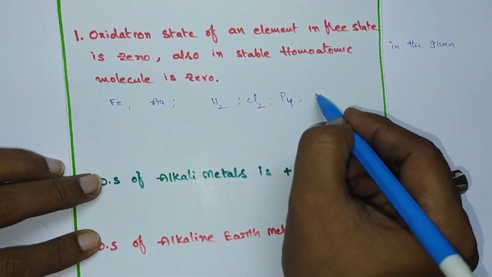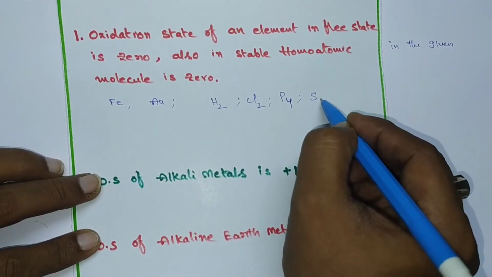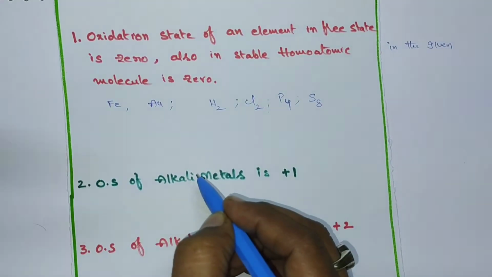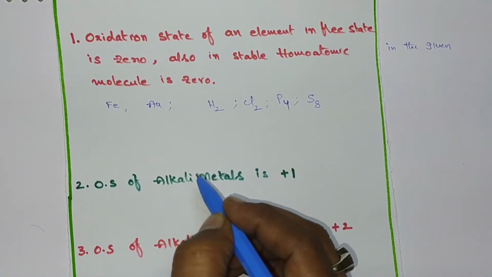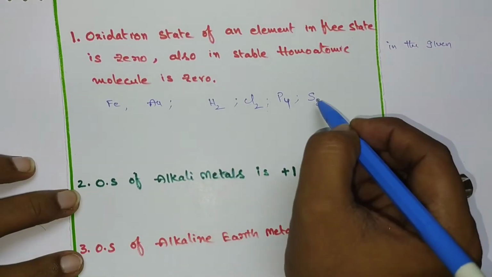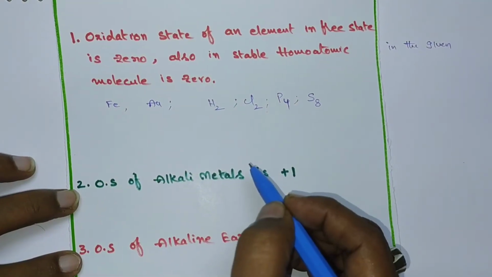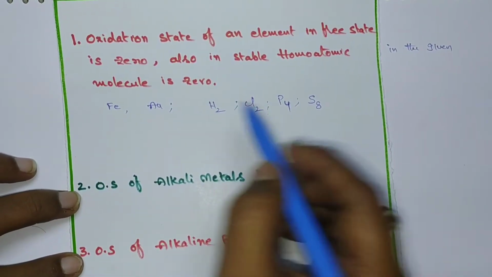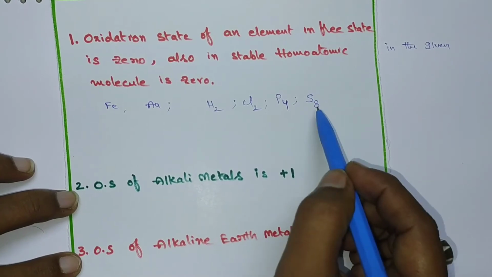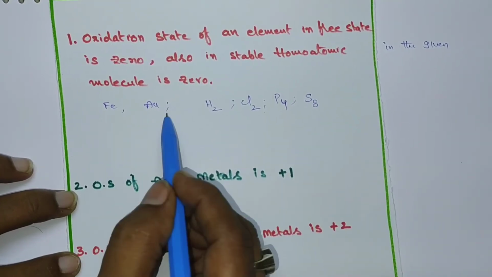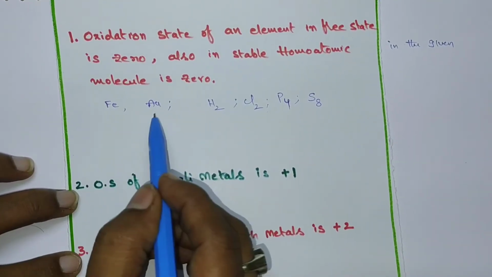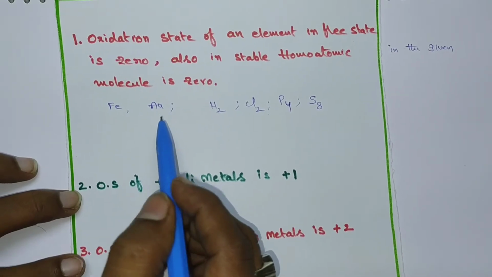Suppose you take sulfur, sulfur exists in an octatomic molecule, that is, it consists of 8 sulfur atoms. So in this also the oxidation state of sulfur is 0. In case of homoatomic molecules and also in case of free state, the oxidation states will be 0.